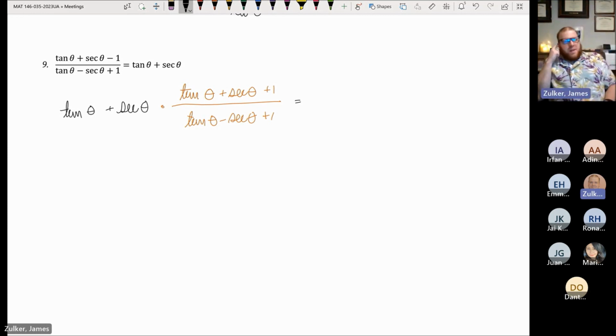Multiply numerator and denominator by tangent minus secant plus 1. That should be a minus. There we go. Fixed.